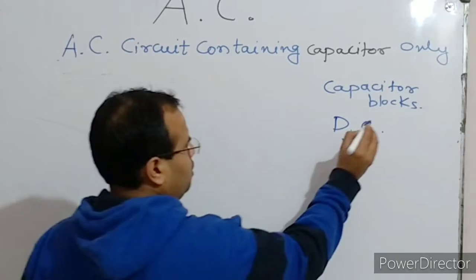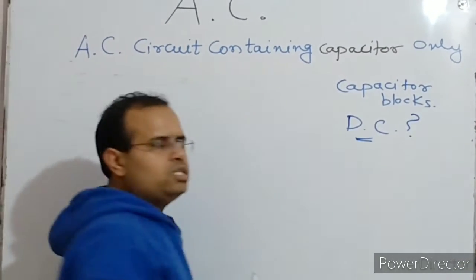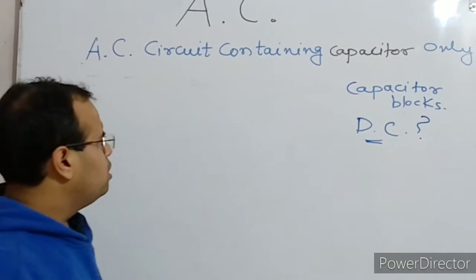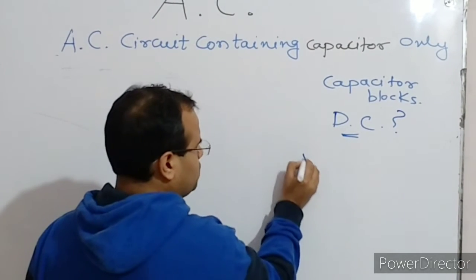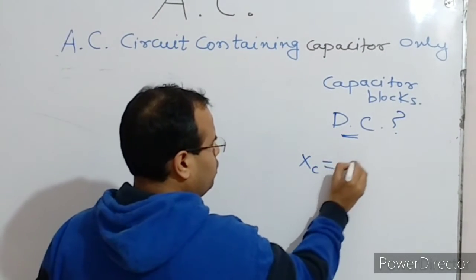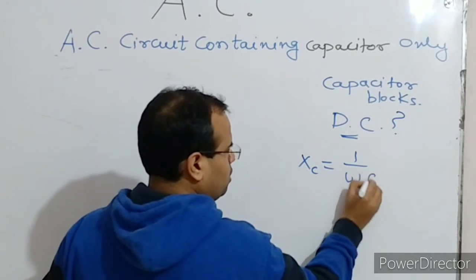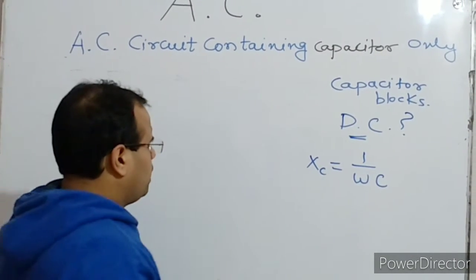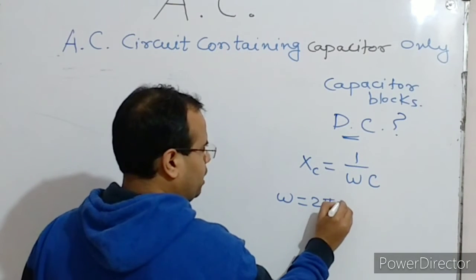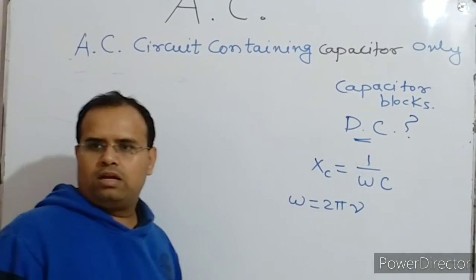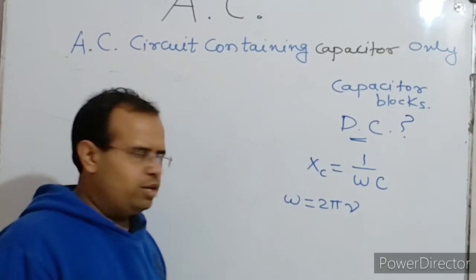Suppose that a constant DC is flowing through a circuit. When the capacitor is fully charged, what happens? We know that Xc is equal to 1 upon omega c, which we just derived, and we also know that omega is equal to 2 pi nu.